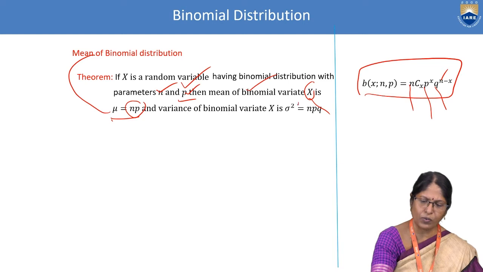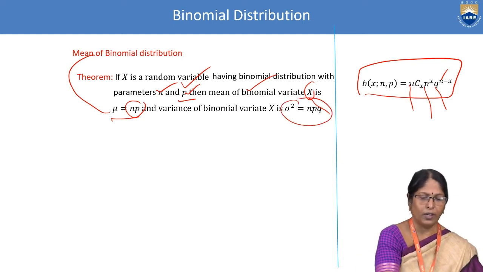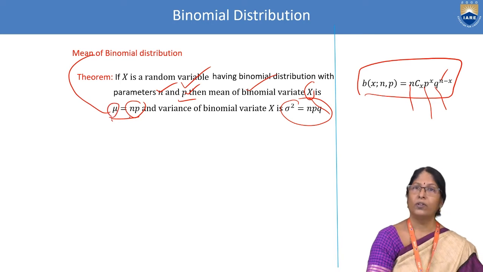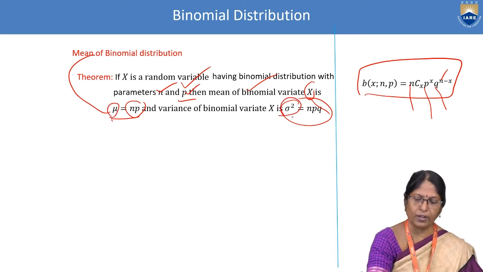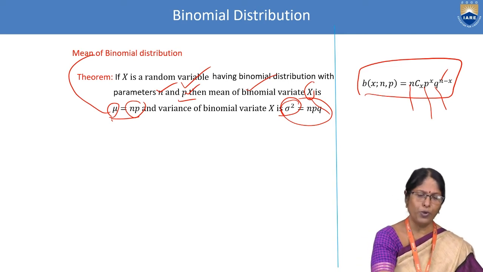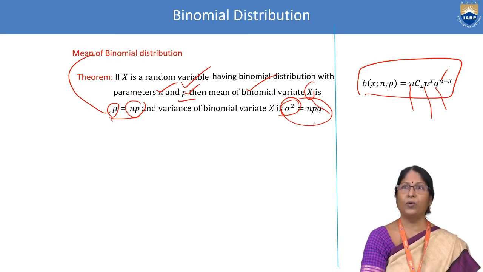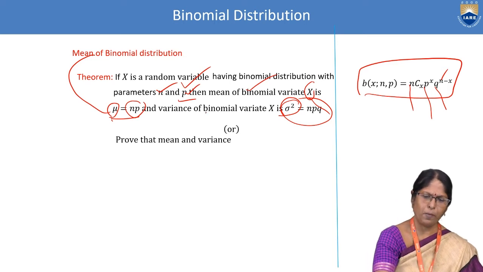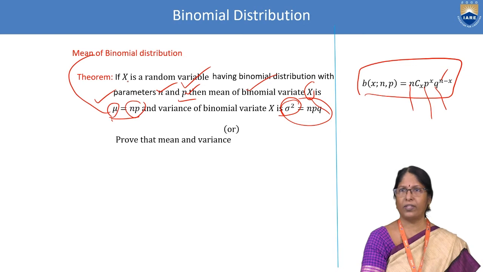And the variance of the binomial distribution is npq. Here, the symbol mu stands for mean and sigma square stands for variance. Now, mu equal to np, sigma square equal to npq. The same question, this is the theory, the statement of the theorem.